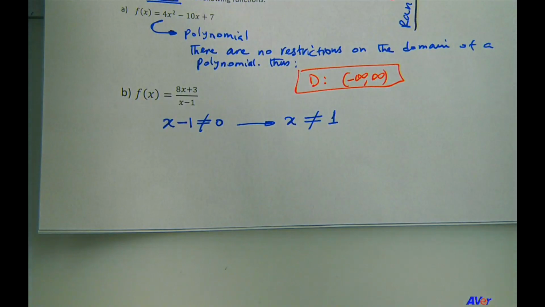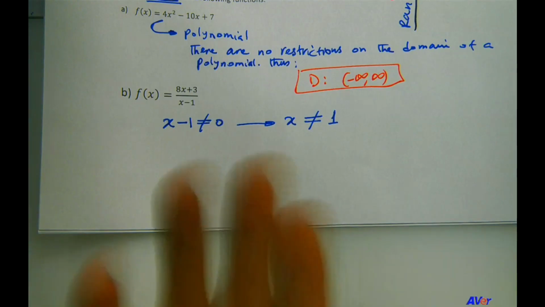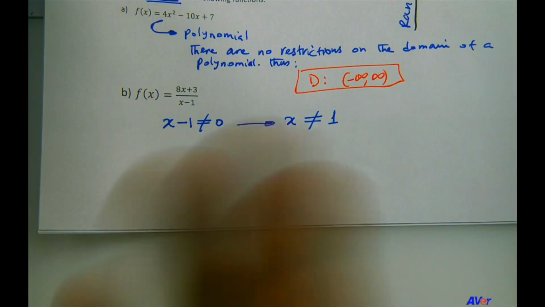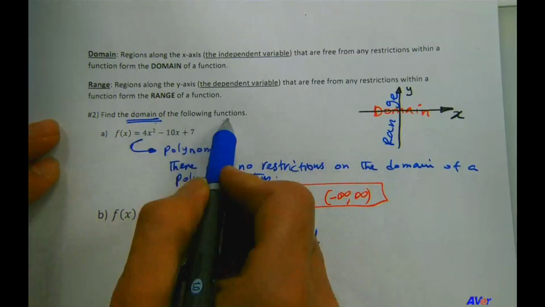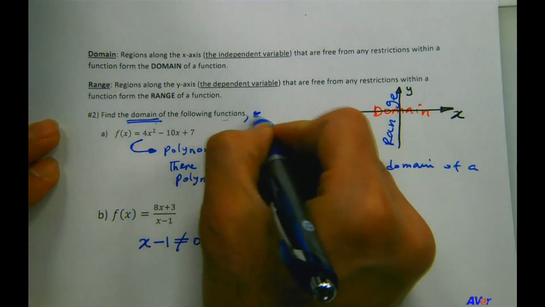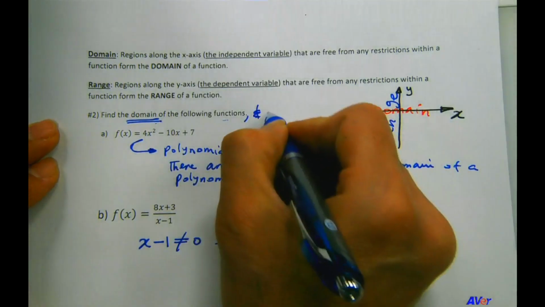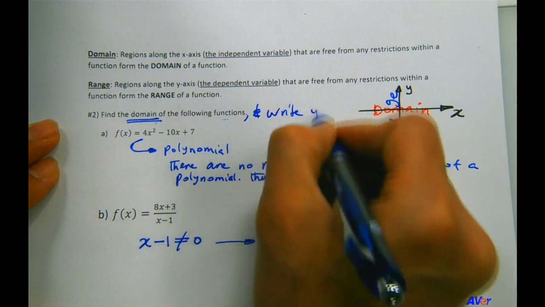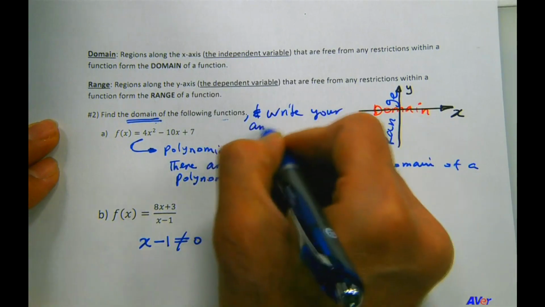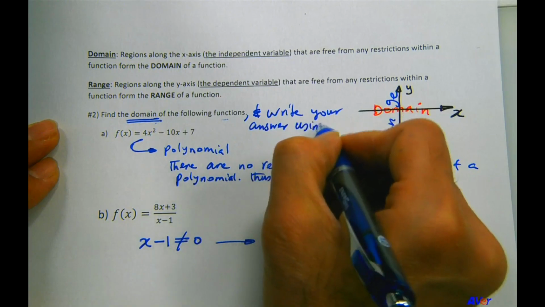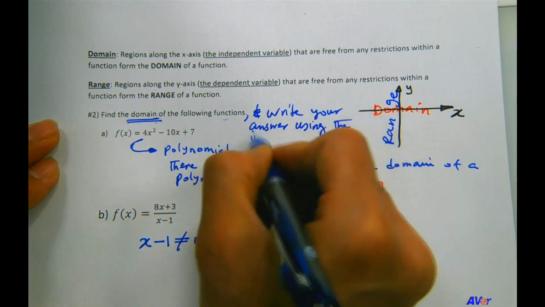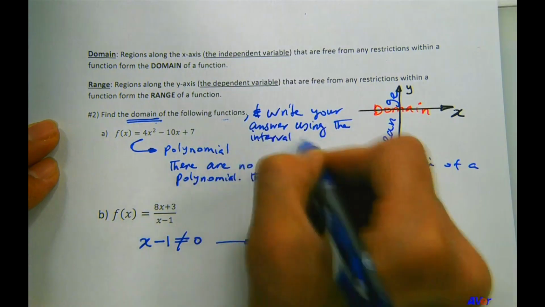Everything else is acceptable for the x value, for the value of the independent variable. So now we need to write that. And by the way, this should say, find the domain of the following functions and write your answer using the interval notation.